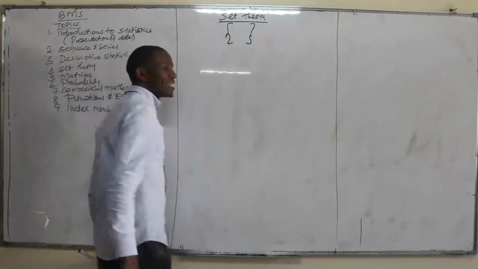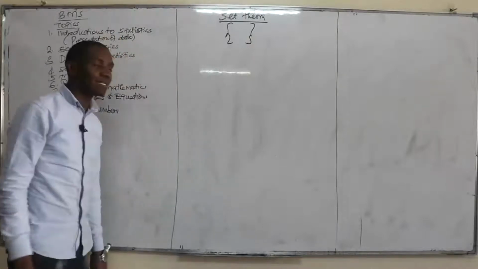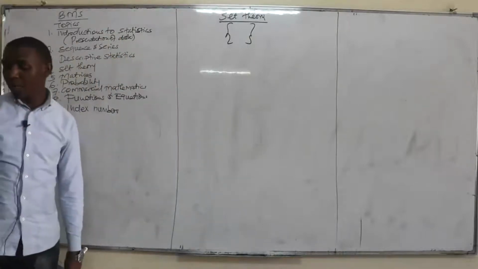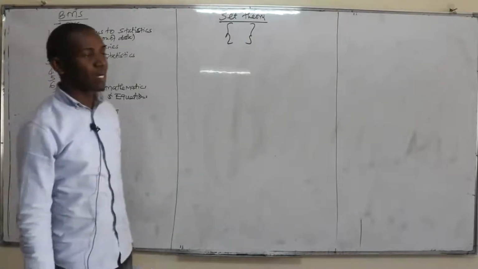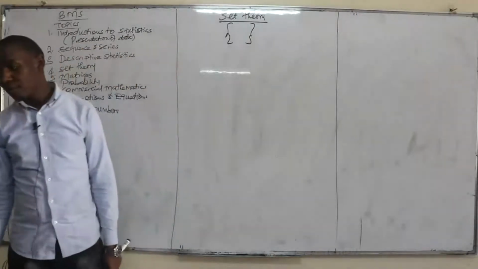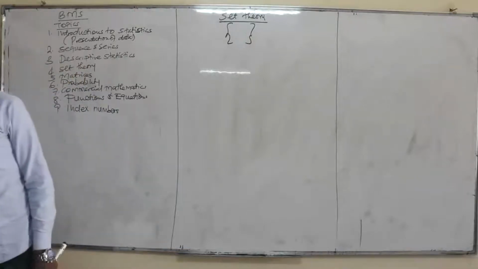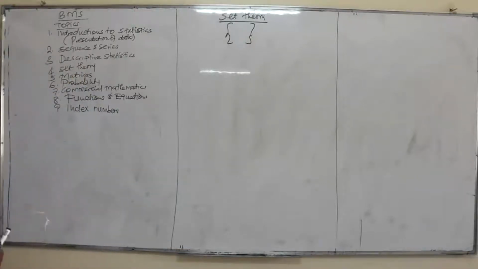The group of items that are enclosed in those curly brackets are what we call a set. The group of items, we normally call them the elements, or the members of a particular set.